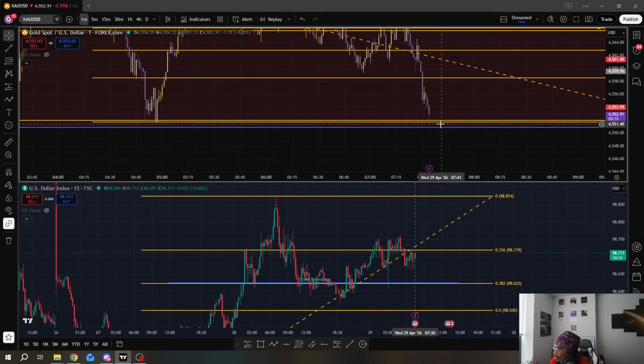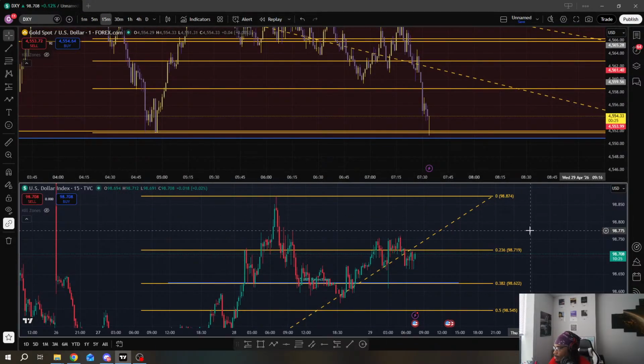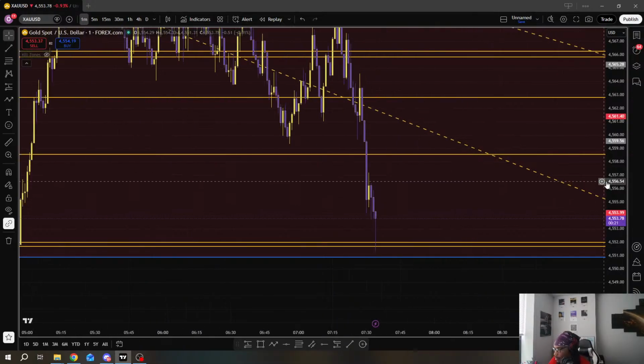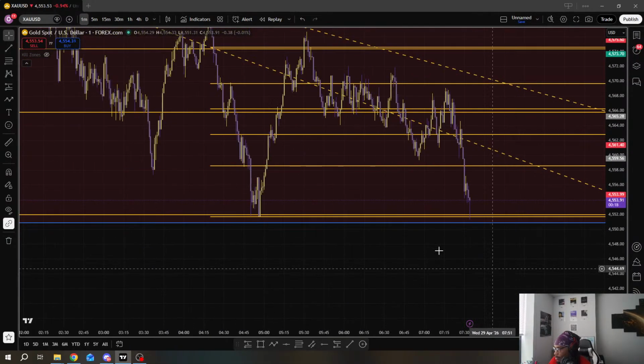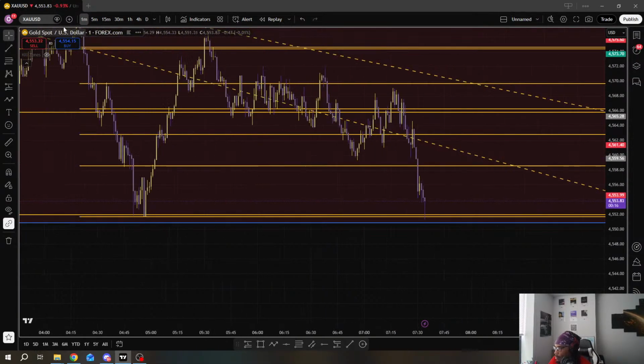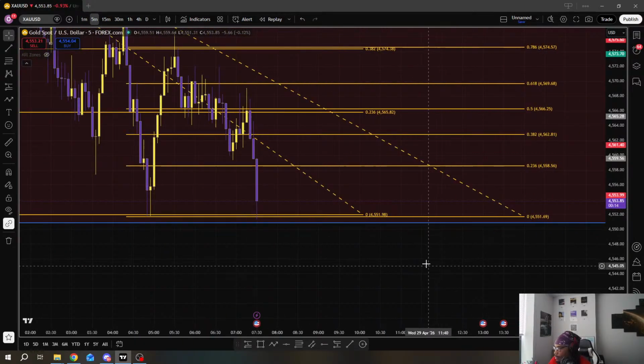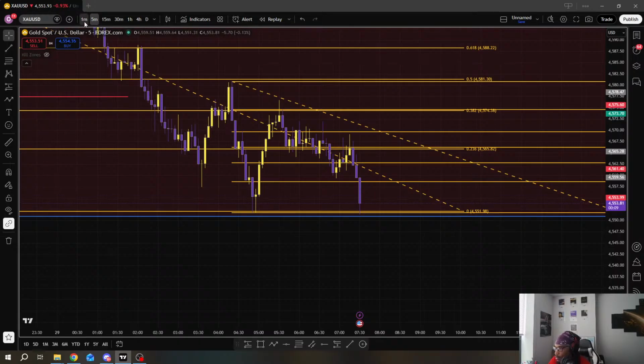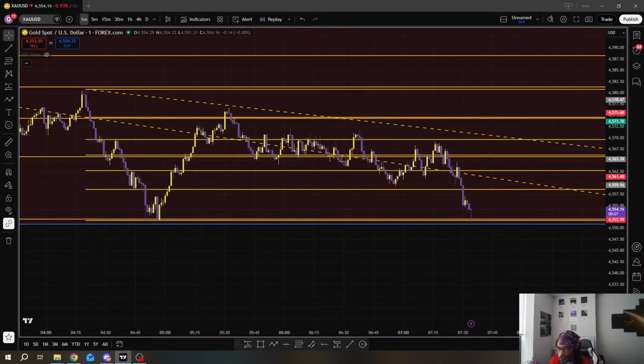Look at it. I just want to see if price is going to push past this area, or are we going to get our rejection, our retest, and a continuation.